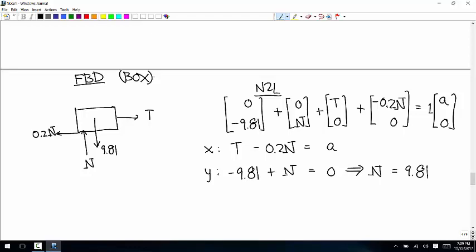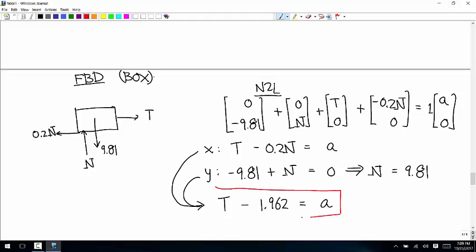If we combine these two, we get T minus 0.2 times 9.81, so that's 1.962, is equal to a. And this is the equation that we'll hold on to for later.